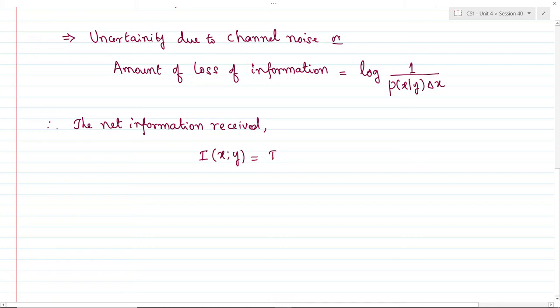So the information transmitted minus the loss of information.